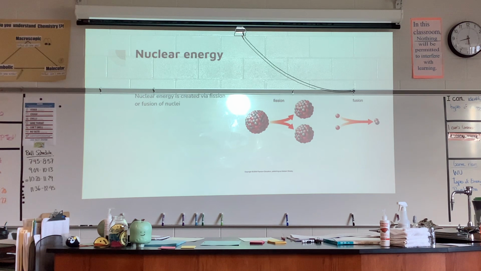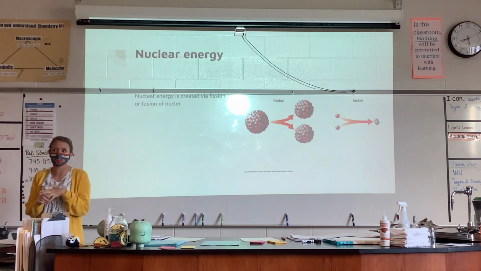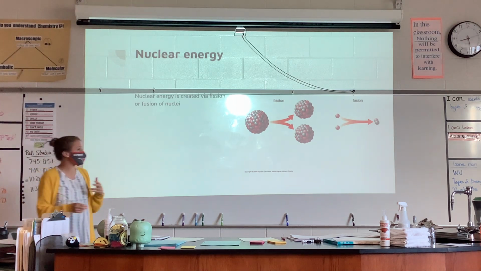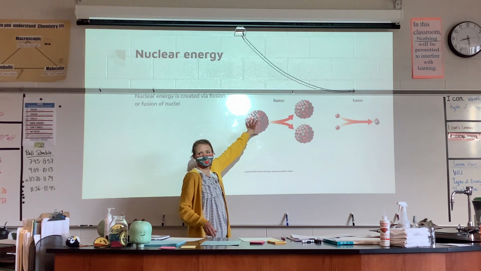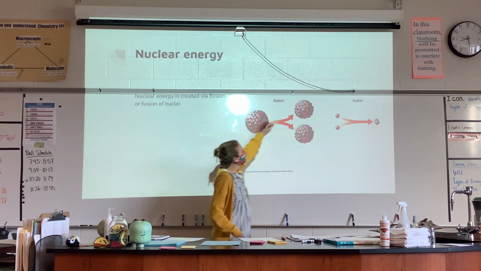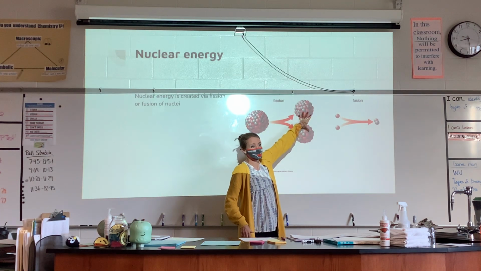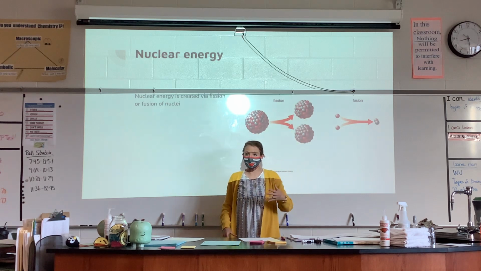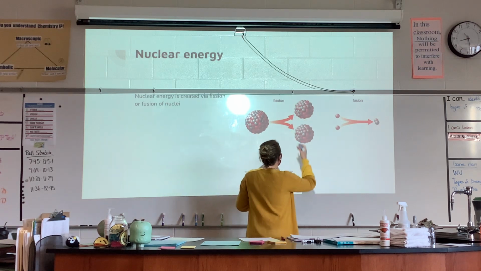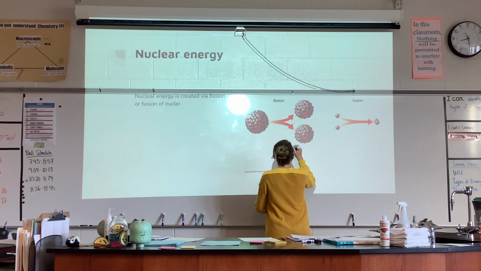Thank you. Okay, the second type is nuclear energy. Now, reminder, it's been a long time since we talked about nuclear, so let's just review really quick the process of fission versus fusion. Okay, so fission is the process of taking an atom and causing it to split into two smaller atoms. In that process of splitting, massive amounts of energy come out.